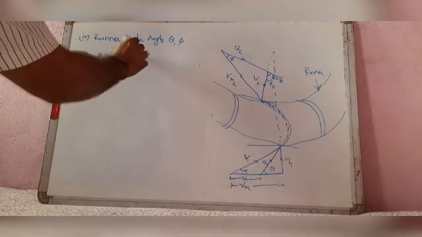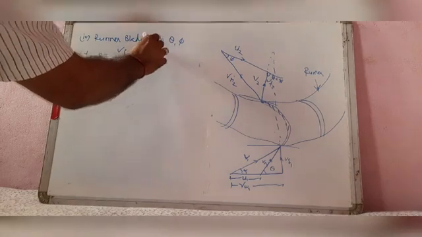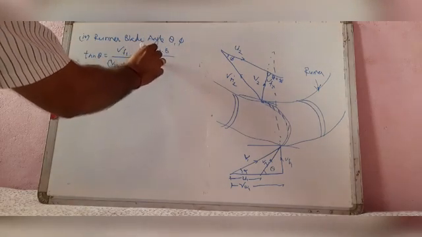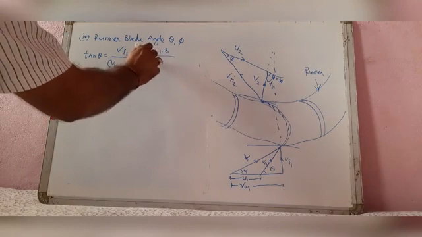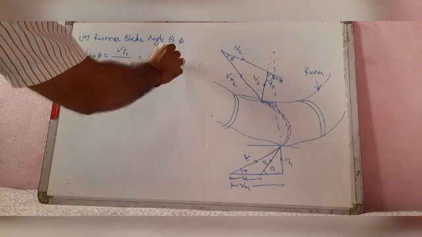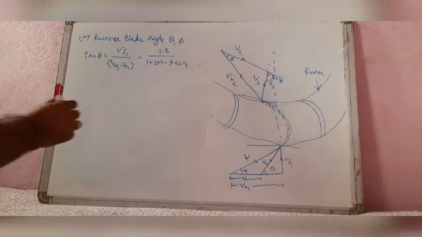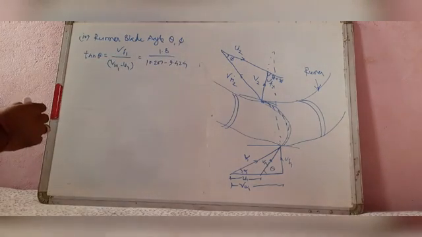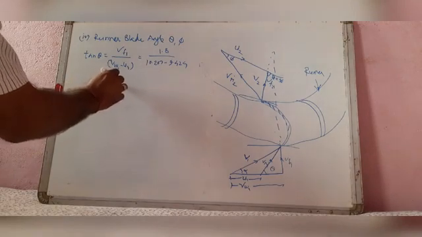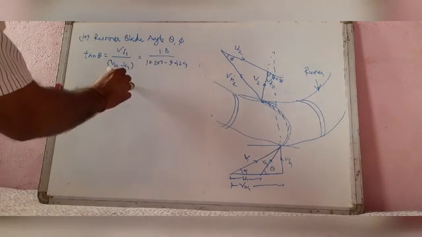Putting the values here, 1.8 by (10.207 minus 9.424). So this value is 2.298.